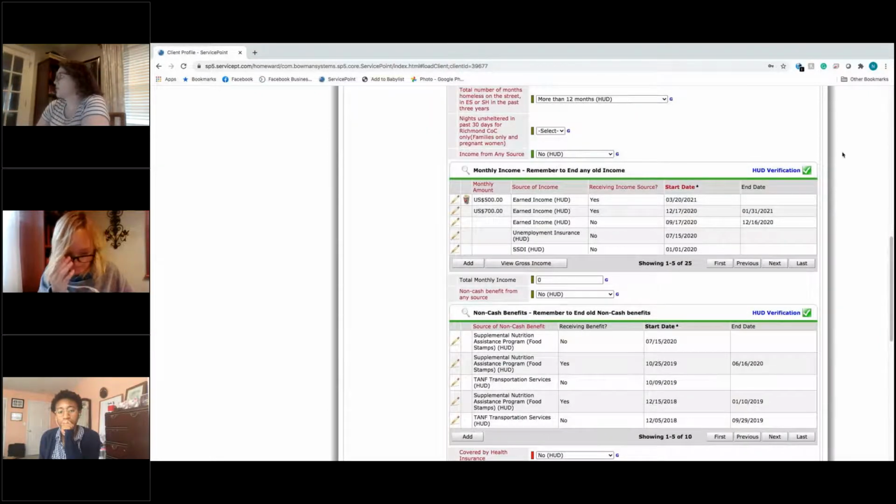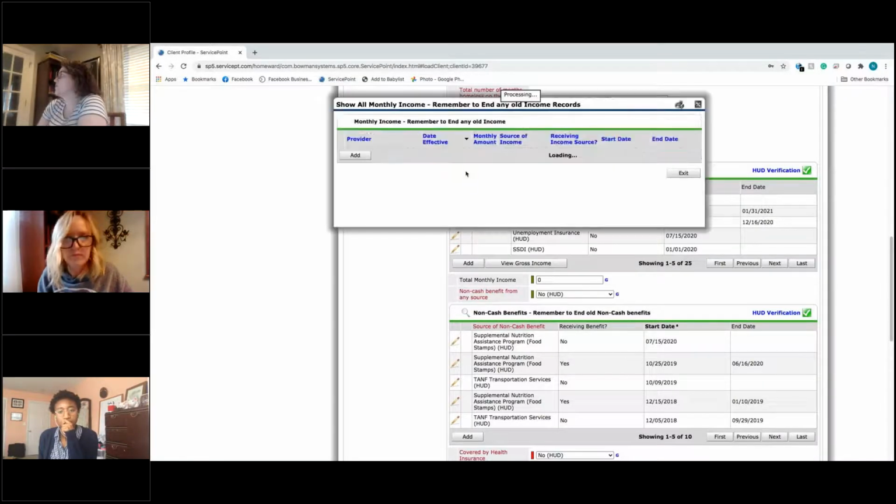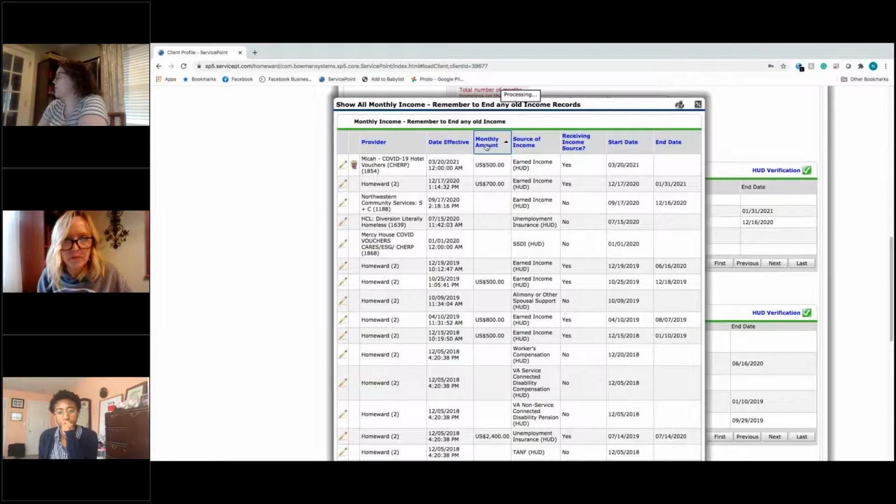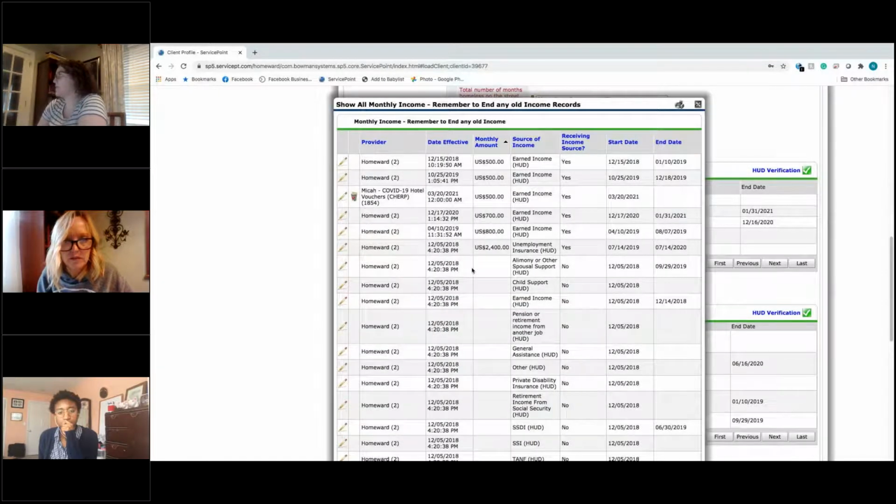If you've done it correctly, you'll see that this actually turns to a check mark, knowing that you've answered all the questions. If you then later in an update need to change their income, you will look for which income you are changing. You can use the magnifying glass to show you all your options.